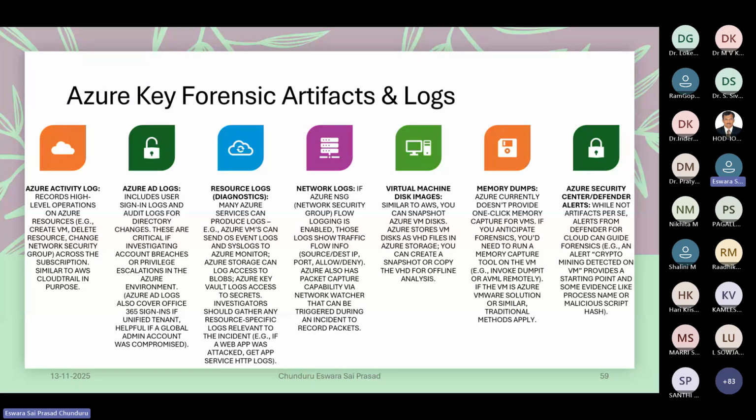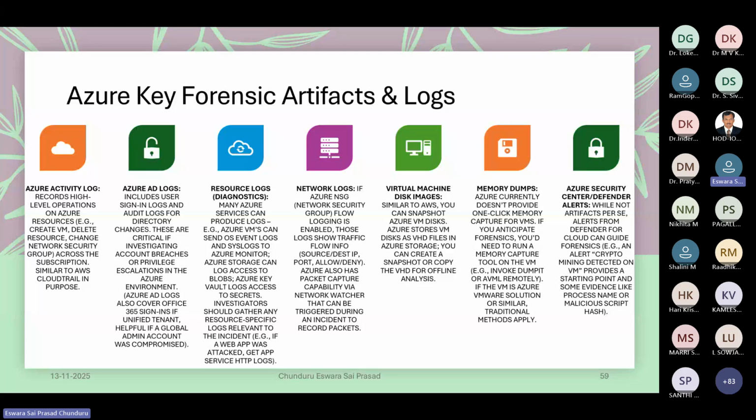In the case of AWS, AWS itself contains an inbuilt capability to create the snapshot. Similar to that, in Azure also, we will be able to create the VHD files in Azure storage, and the snapshots can also be created with inbuilt capabilities, and those things can be used for conducting traditional disk forensics.